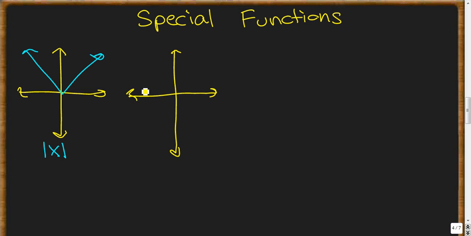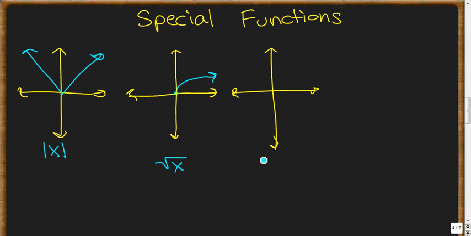Another function is the square root function, so square root of x. When we looked at our domain, we're not allowed to be negative. So it is almost like a parabola, except sideways, right? If you can imagine that it goes down in this direction as well, although we're not allowed to be negative, so that's why we don't have that part. But that is kind of how that looks.